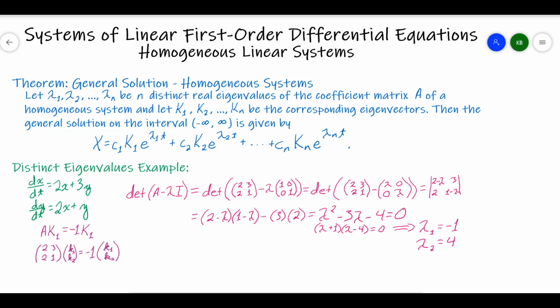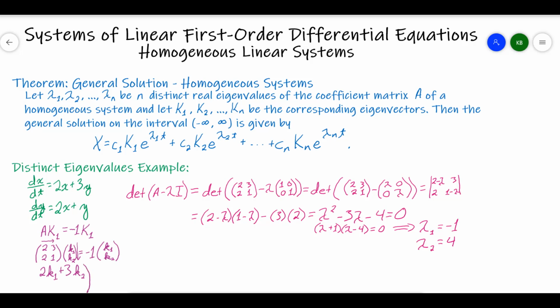Now my goal here is to find out what are K1 and K2. So I'm going to multiply my matrix times my vector. To do that, I'll be going across the rows of my matrix and down the column of my vector, multiplying. So I'll do 2 times K1 plus 3 times K2.